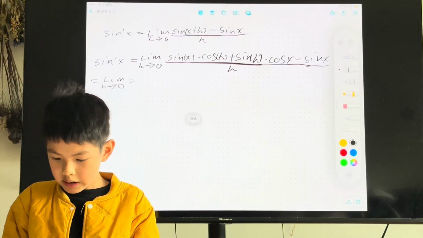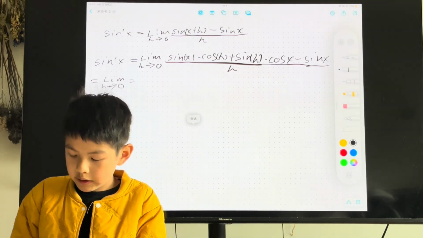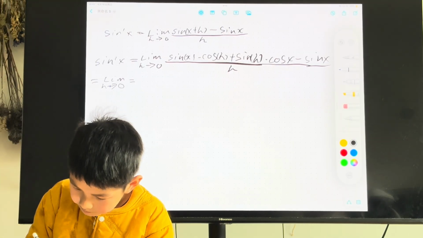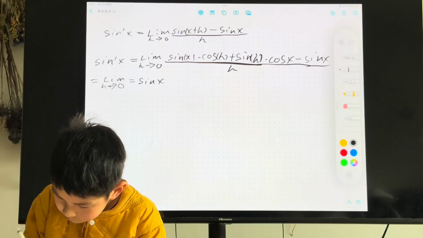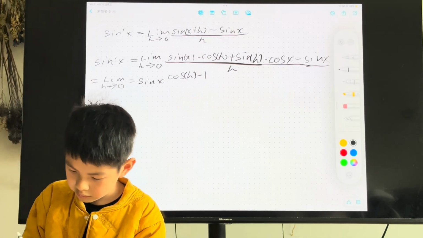We can factor out sine of x in the first part, and we can factor out cosine of x in the second part. Now we want to simplify the formula. Divide the expression into two parts. Then we can calculate that.